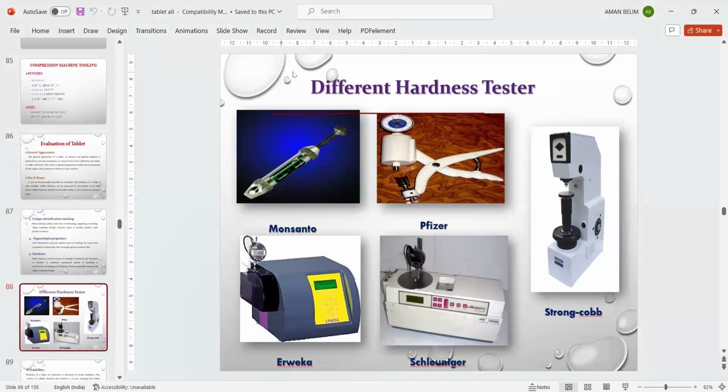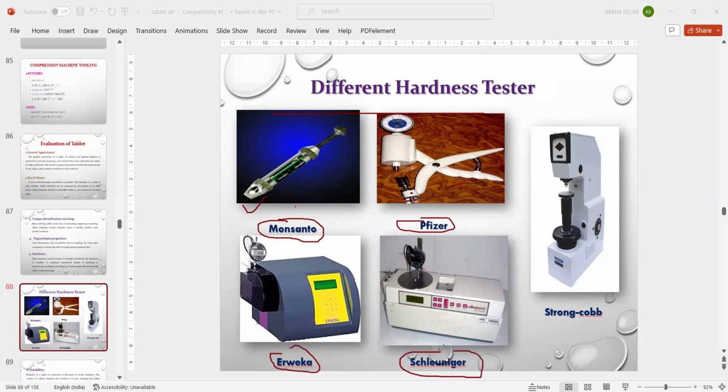And before that, these are the hardness testers. You may have read about them many times. One is Monsanto, then Pfizer. This is generally used in academic institutions; you may have seen it at your college. Then Pfizer, Erweka, Schleuniger tester, and Strong Cobb.